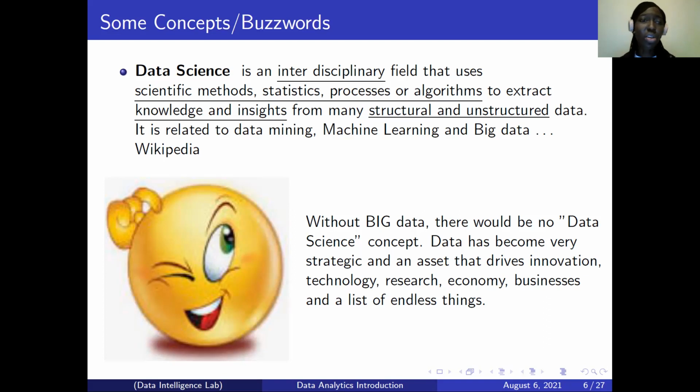There are various definitions for data science, but I chose this one because it explains clearly what data science is, telling us that it's an interdisciplinary field, meaning that anybody can gain the knowledge of working with their own data. And that's what this course is for, to help us in our various domains have a general, clear understanding of data analytics, and then have some soft technical skills as we move on.